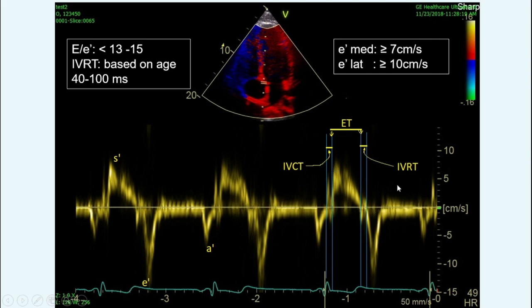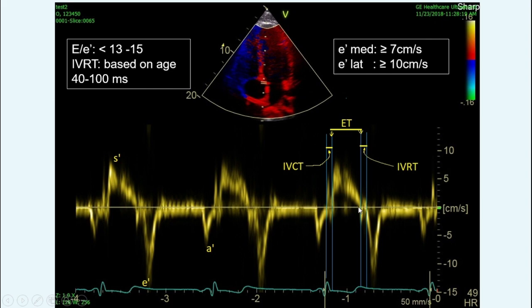Another time that we measure in tissue Doppler of the mitral valve annulus is IVRT, or isovolumetric relaxation time. That corresponds to the end of systole. At the end of systole, or S prime, again we will see a spike that represents aortic valve closing and then mitral valve opening.